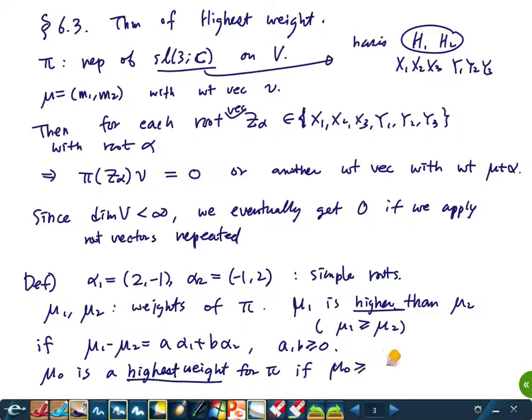Mu0 is greater than or equal to mu for all weights mu of pi. Okay? If this happens, then highest weight. So from this definition, there may not be any highest weight because this is not a total order. So it's just only a partial order.